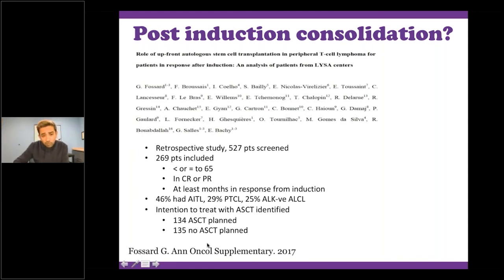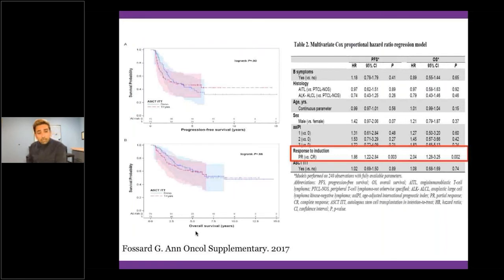They had about 134 patients where the transplant was planned and 135 patients where no transplant was planned. They found that there was no difference in outcome between patients who got transplant and who did not, even though by age and other parameters, they would have qualified for transplant.